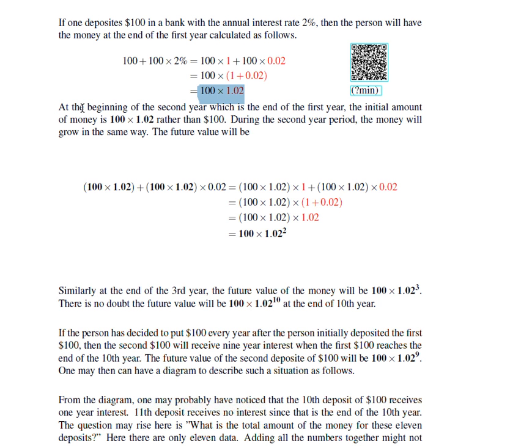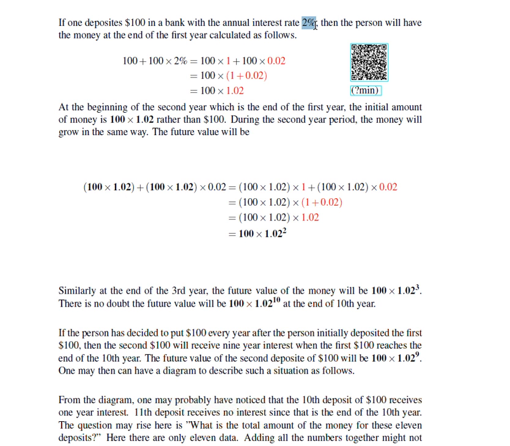It is also the beginning of the second year. So at the beginning of the second year, the initial amount will be $102, rather than $100. Then the interest rate has not changed.